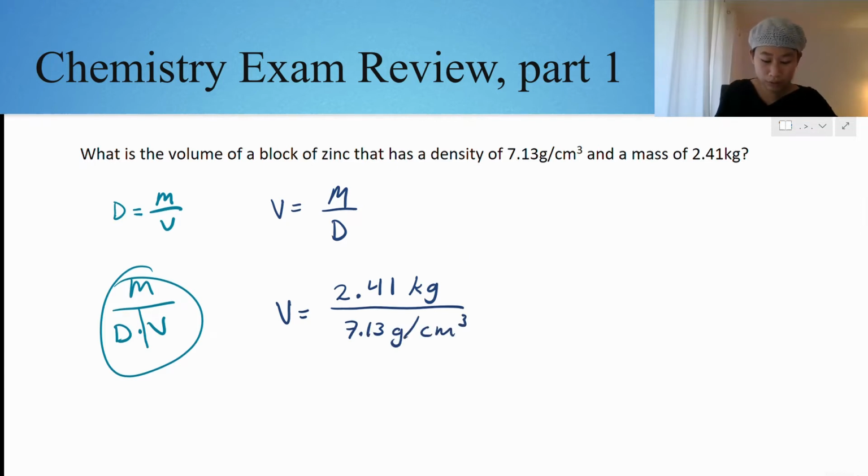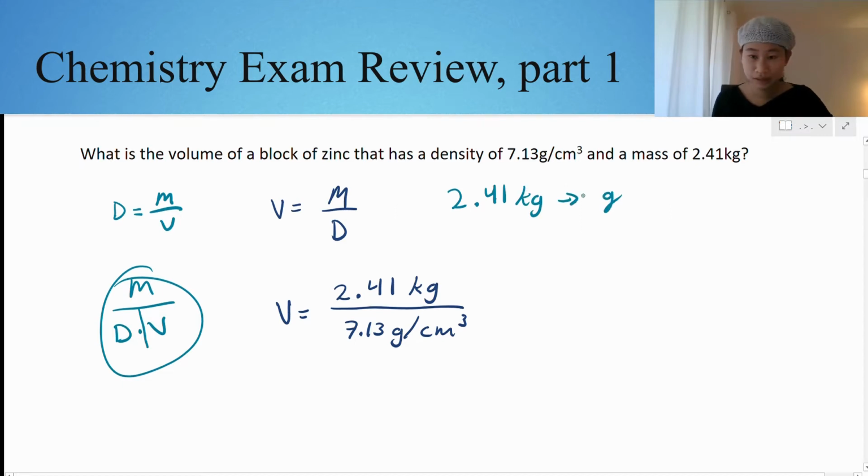However, notice that we have kilograms and grams involved. So that means we either need to convert this amount of kilograms to grams, or convert this amount of grams to kilograms. So what I'm going to do is convert 2.41 kilograms to grams first. And here we know that 1 kilogram is equal to 1,000 grams.